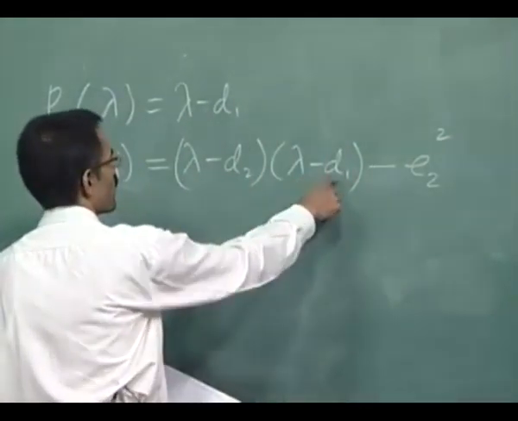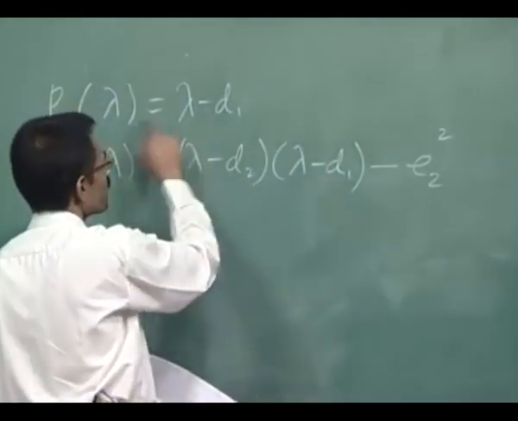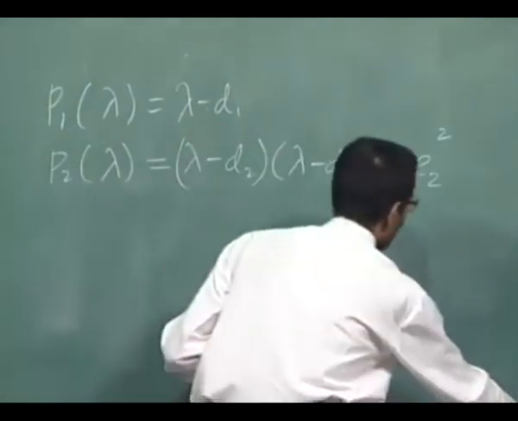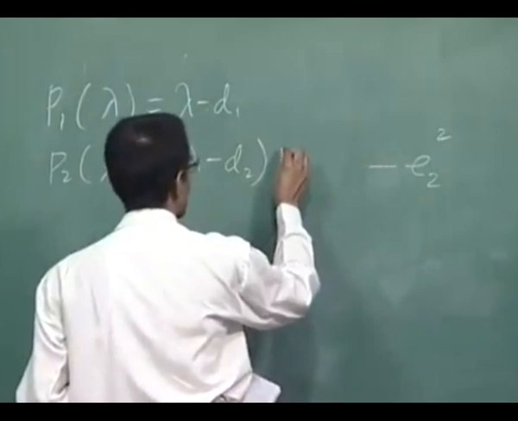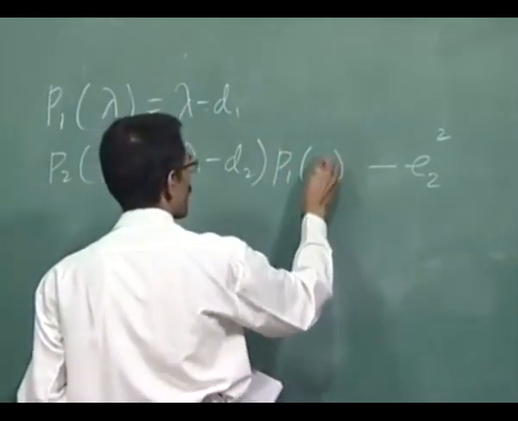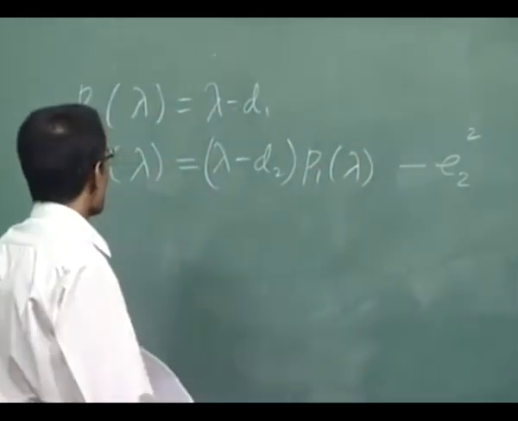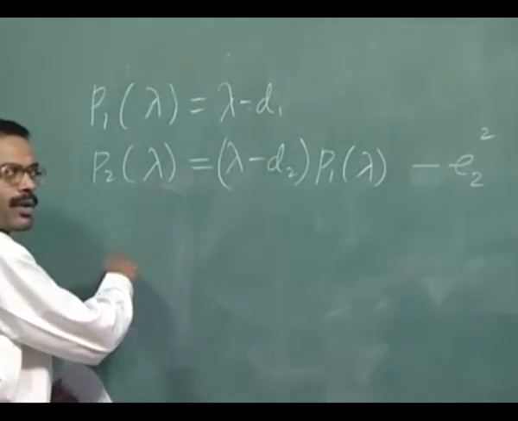In this place, lambda minus D1, can we simply put P1 of lambda? We can. So we write this. Okay. Similarly, we can work out P3, P4, etc.